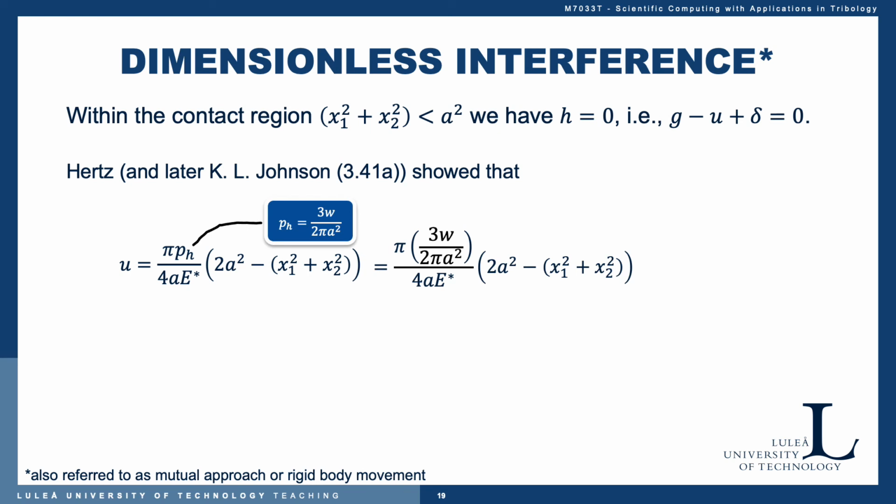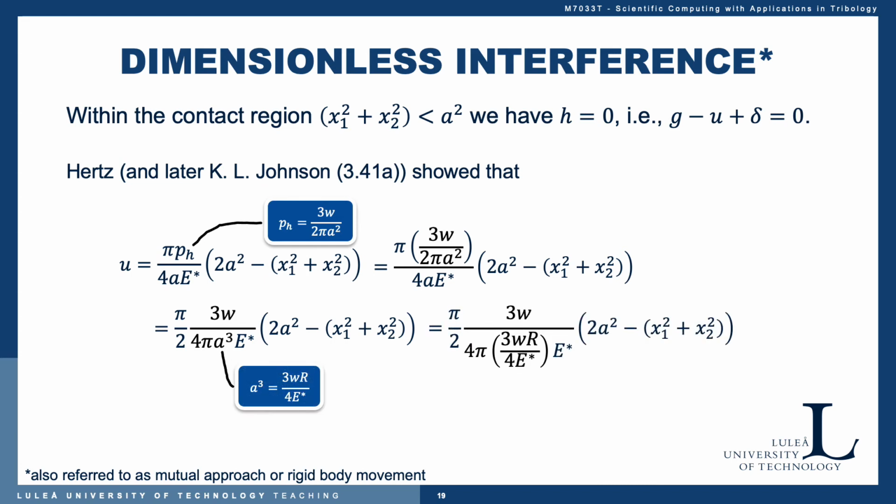By inserting the expression for the Hertzian pressure into this, we get the following expression, and by inserting the expression for the Hertzian radius into that one, we finally obtain a simplified expression for the deformation within the contact zone, and it looks like this.